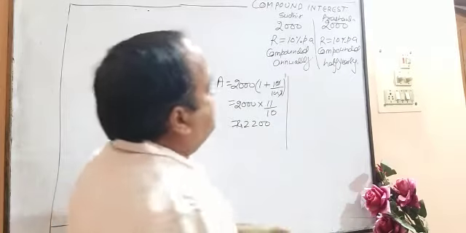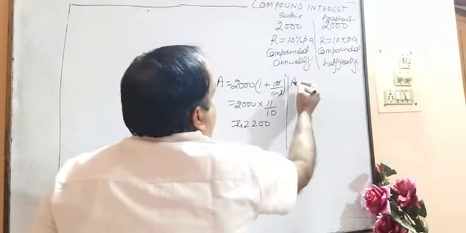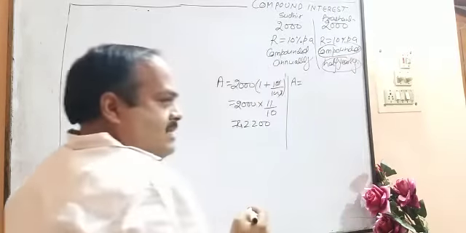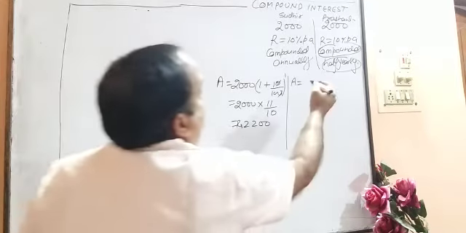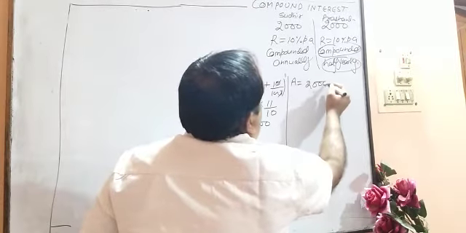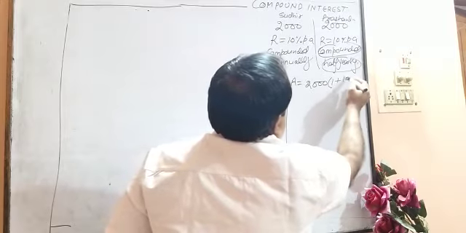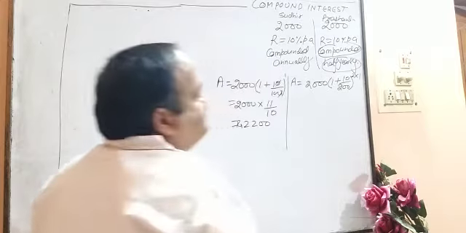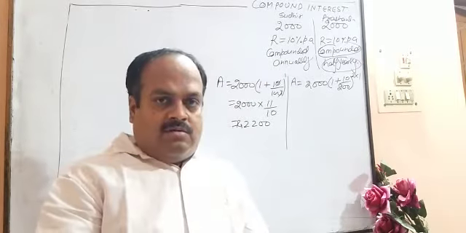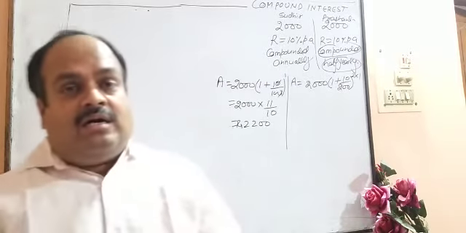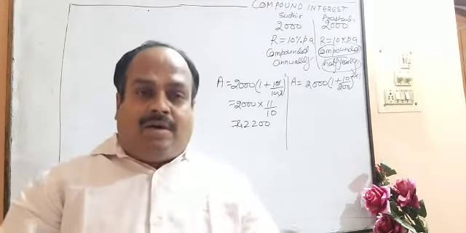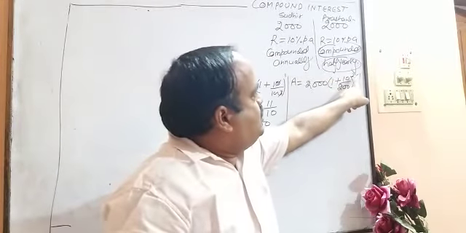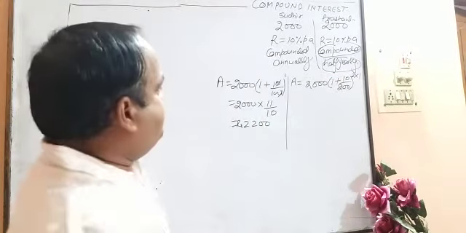Now come to Prashant. Since the interest is compounded half yearly, the formula will be different. 2000 into (1 plus 10 by 200) to the power 2 into 1. Since we have to find the difference in the compound interest received in 1 year, n is equal to 1.